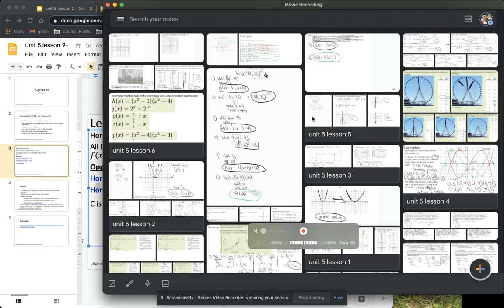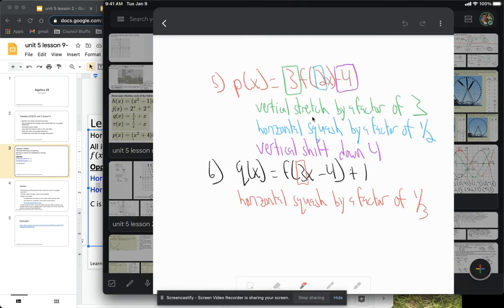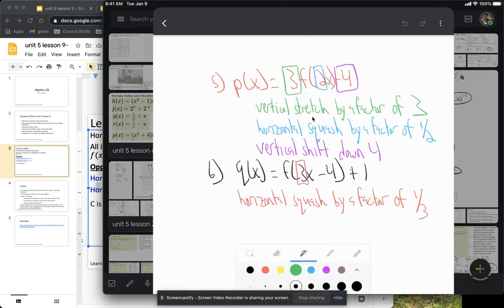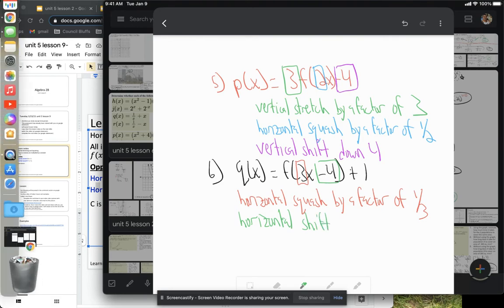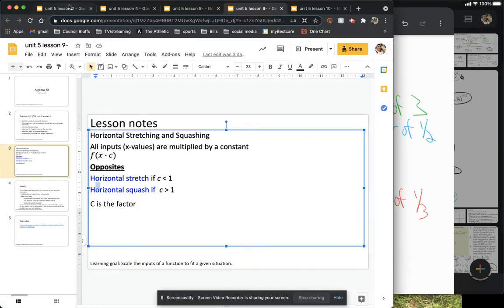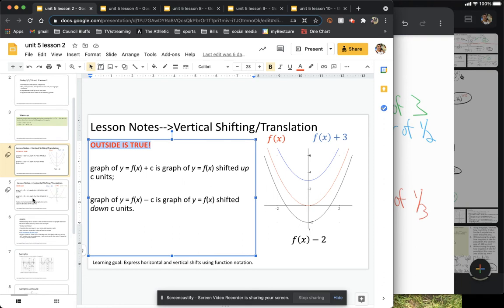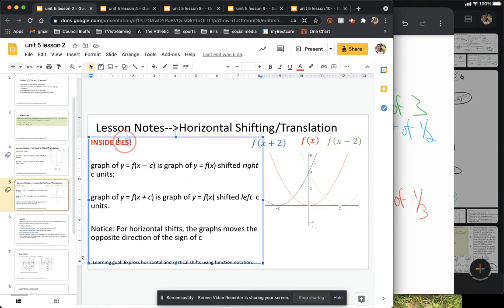Okay, next one we have to deal with is the minus 4. That tells me it's going to be a horizontal shift. And if we go back to our lesson notes from lesson 2, horizontal shift inside lies, so we have to do the opposite.